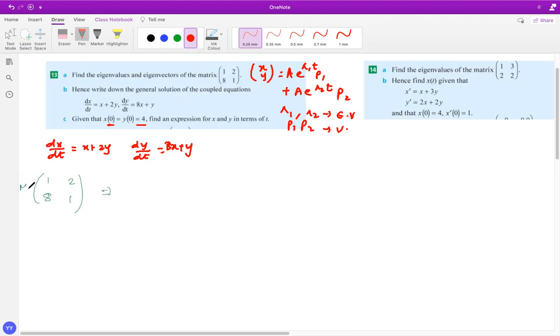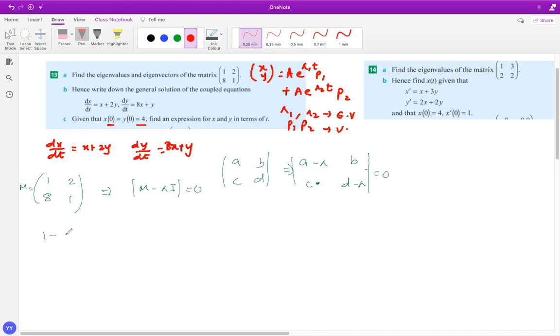If I take this as matrix M, then the determinant of M minus lambda I is 0. You don't need to think too much, because you can use the shortcut: if you have A, B, C, D as the matrix, the eigenvalues can be found by taking A minus lambda, B, C, and D minus lambda, and equating the determinant to 0.